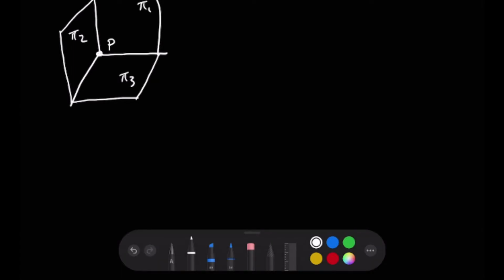Case 2A is we're going to have our 3 planes intersecting along a single line. So I'm going to have my line intersect at line L. And let's sketch our planes.